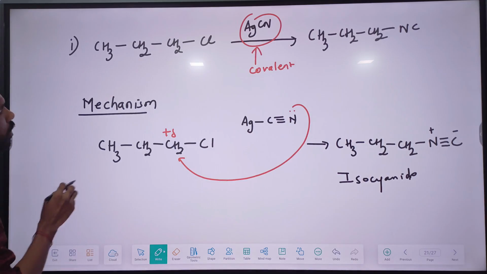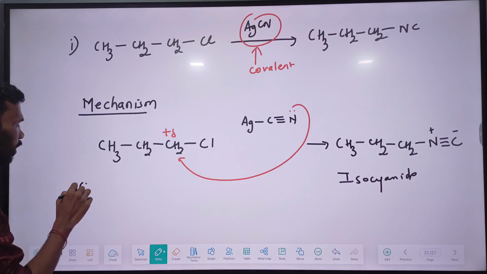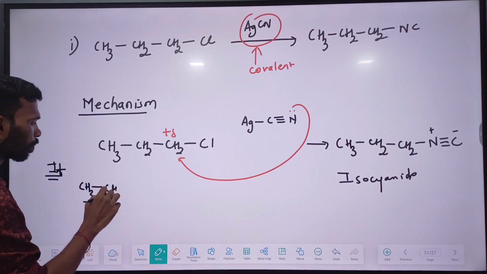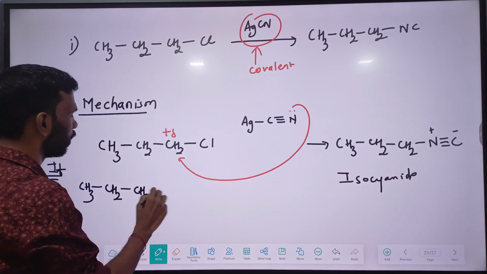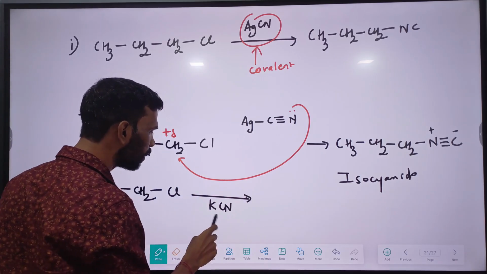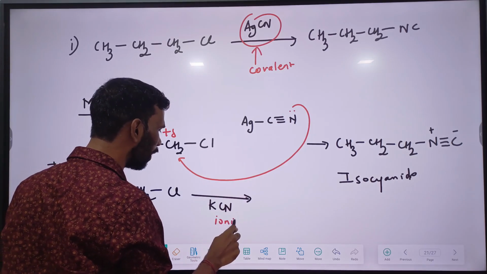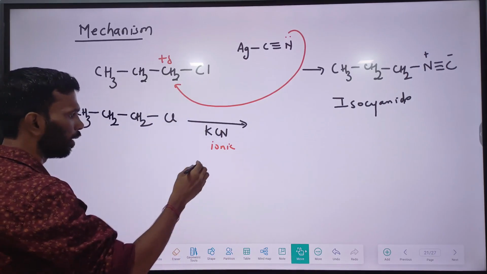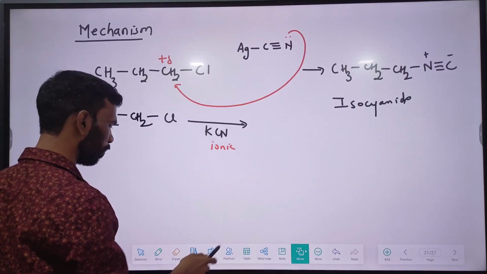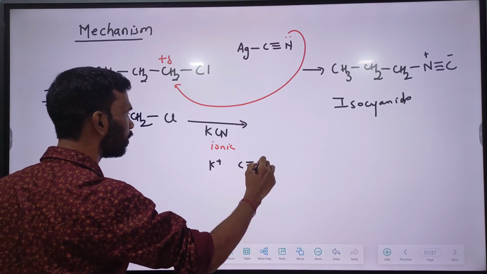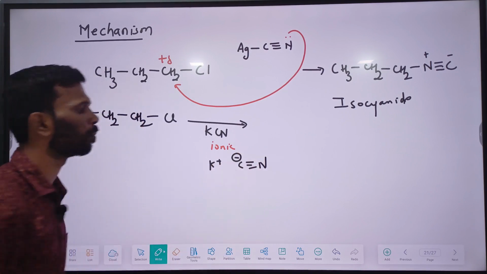If in this reaction, instead of AgCN, KCN was given, with CH3CH2CH2Cl. This is an ionic compound. Ionic means it is broken into two in aqueous medium. You get K plus and CN minus, with the negative charge on the carbon.